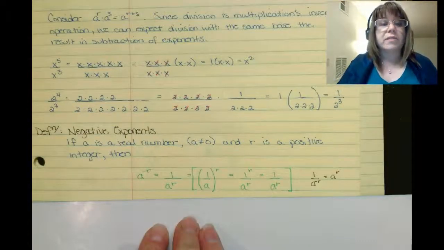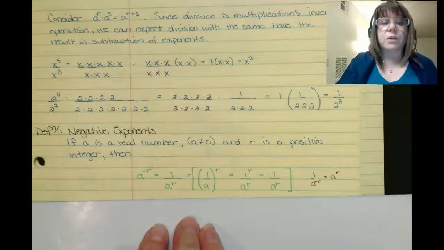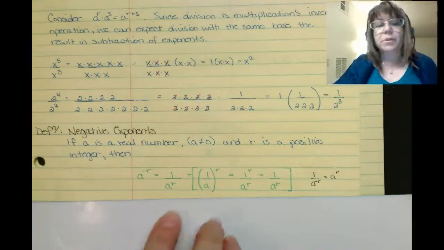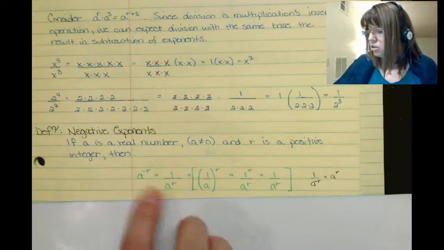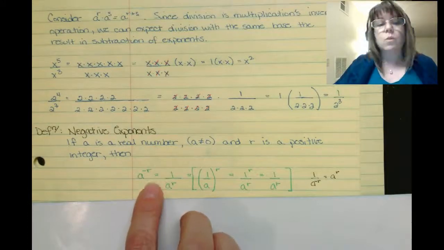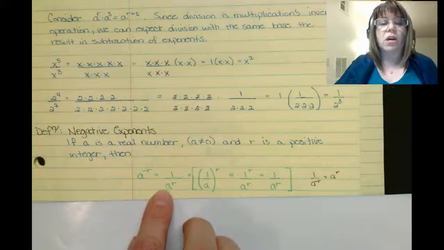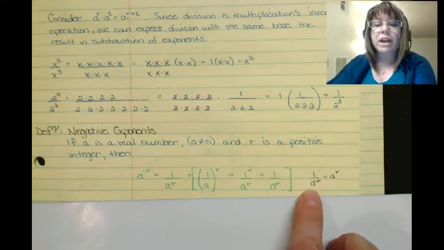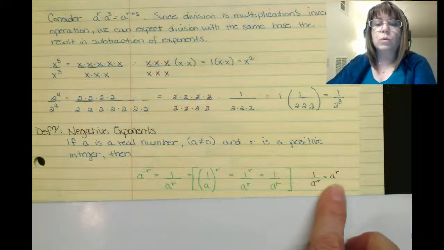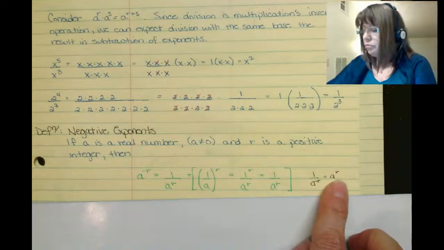Now that gets us ready for a definition of negative exponents. If a is a real number and a does not equal 0 and r is a positive integer, then we can say that a to the negative r will equal 1 over a to the r. Likewise, 1 over a to the negative r will equal a to the r.